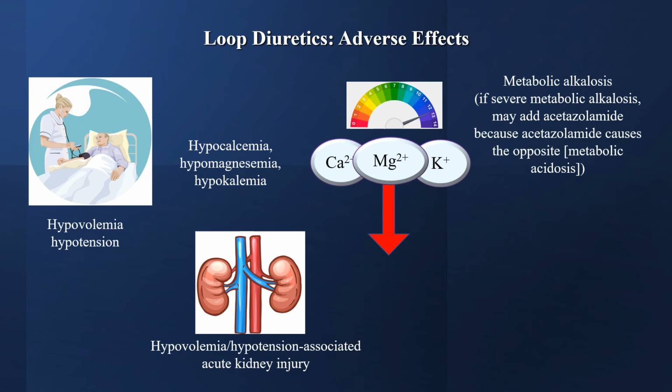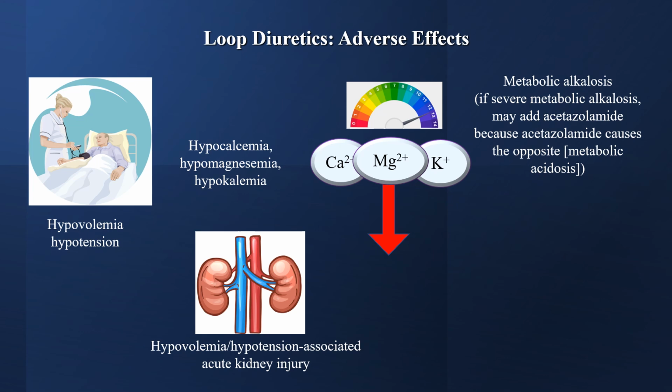While loop diuretic causes metabolic alkalosis, acetazolamide causes the opposite, which is metabolic acidosis. However, the combined use of acetazolamide and loop diuretic is only used transiently in the inpatient setting when aggressive diuresis is required and severe metabolic alkalosis with the use of a loop diuretic alone is a problem.